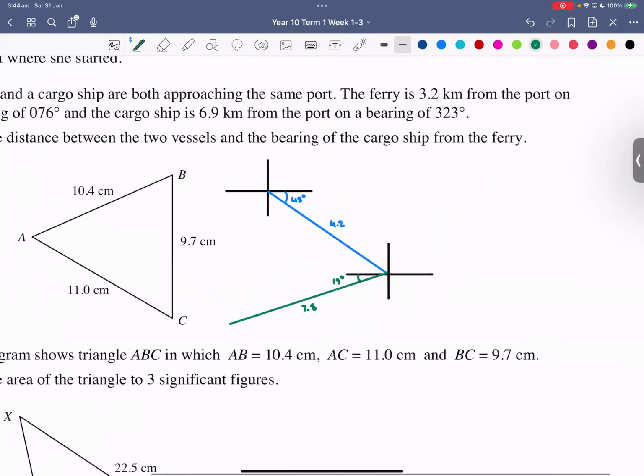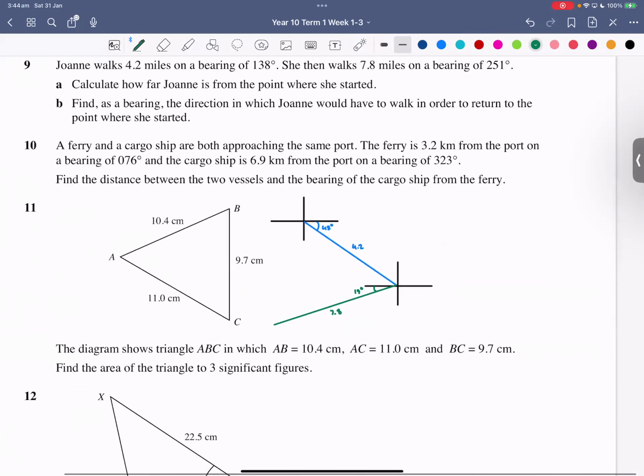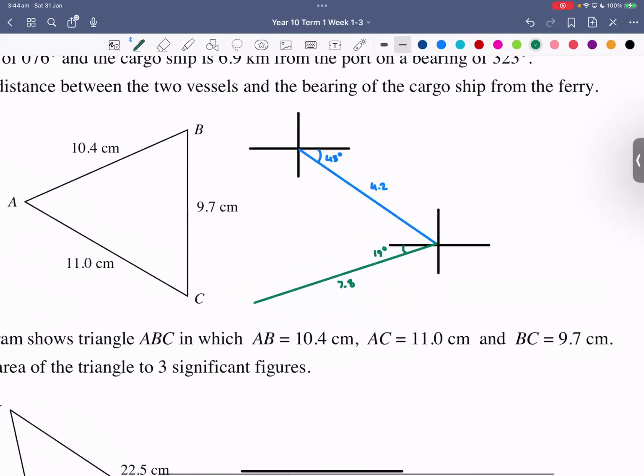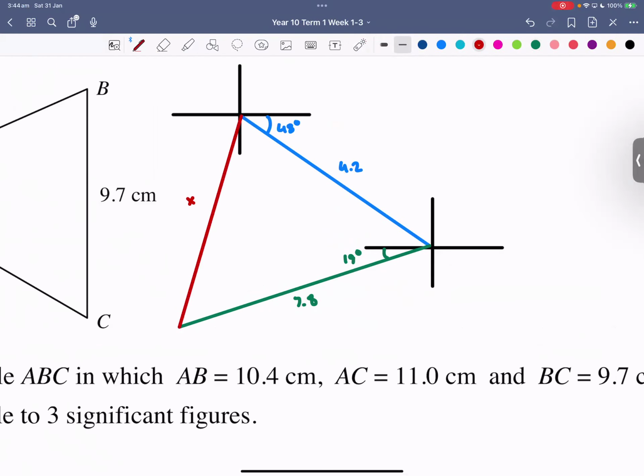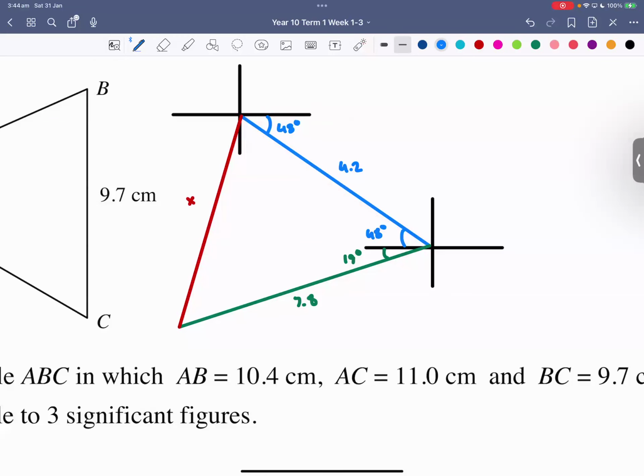All right, and what does the question now want? Question says, how far is Joanna from the point at where she started? Well, she's that far. So I'll call that X. I'm sure everyone sees this Z right here. So that 48 degrees is right here, meaning this entire angle is 67 degrees.